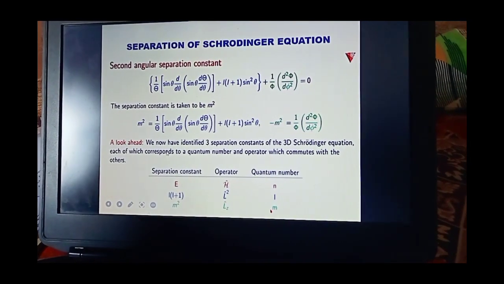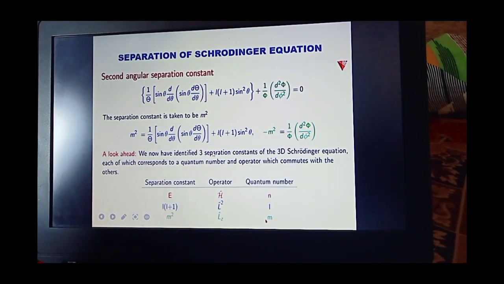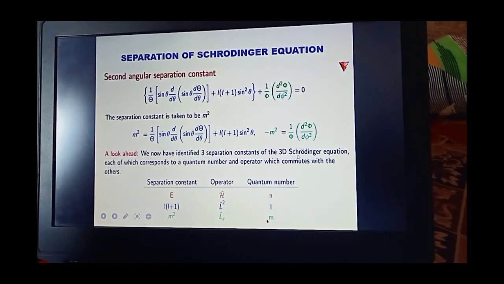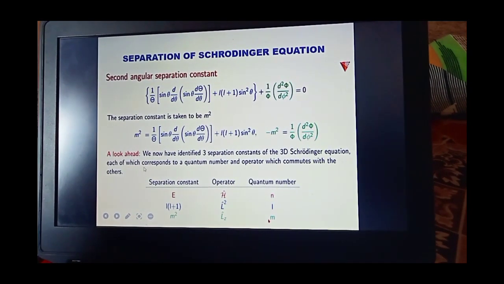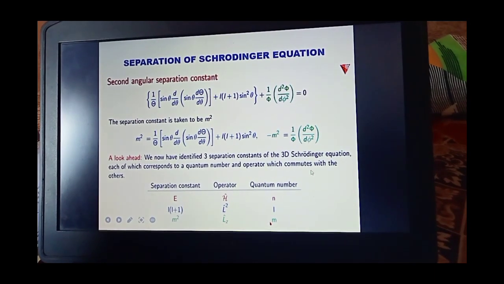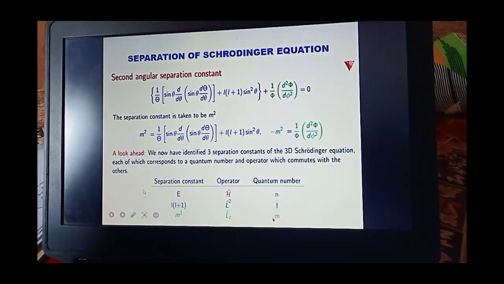We now have identified three separation constants of the three-dimensional Schrodinger equation, each of which corresponds to a quantum number and an operator which commutes with the others.